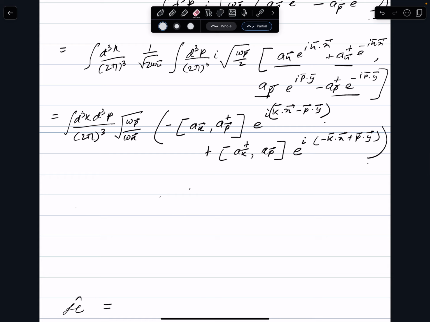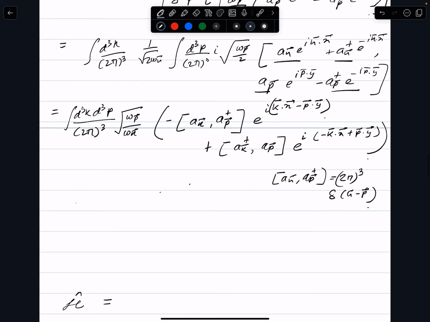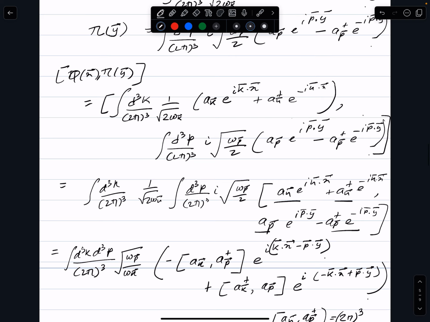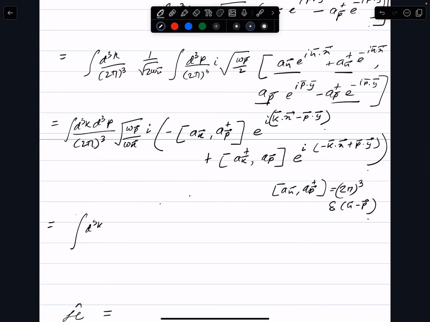Okay, now what is AKAP? We know AKAP, the A dagger is 2 pi cube delta k minus p. And so we have here k, oh there was I somewhere, there was I here. D3k, D3p, 2 pi to the 6, sorry.